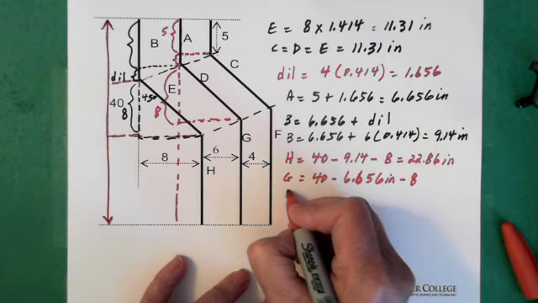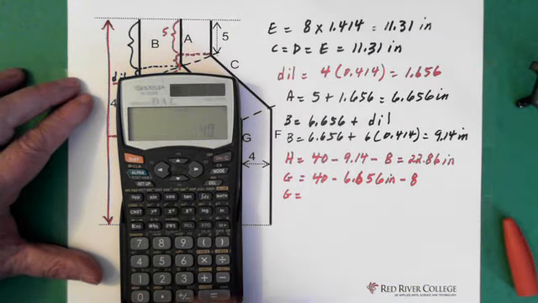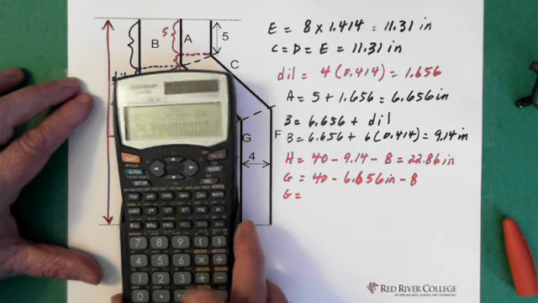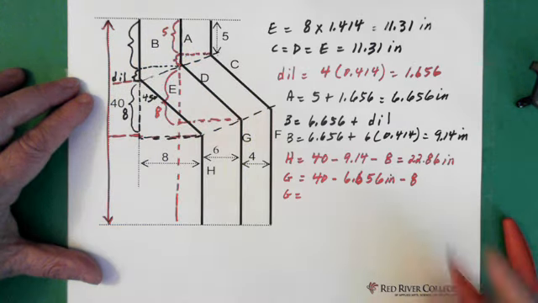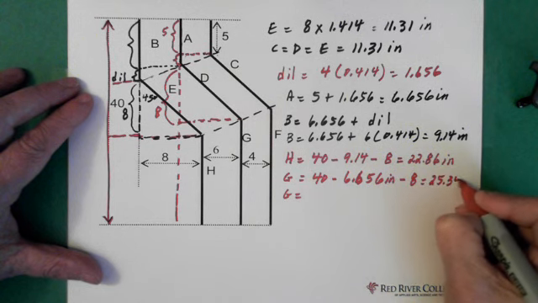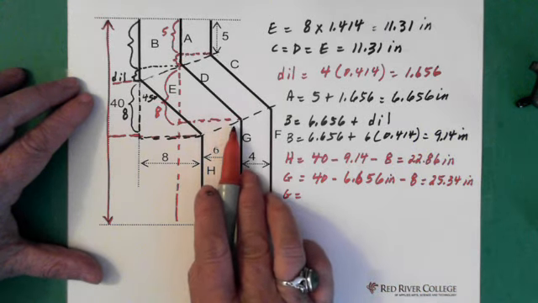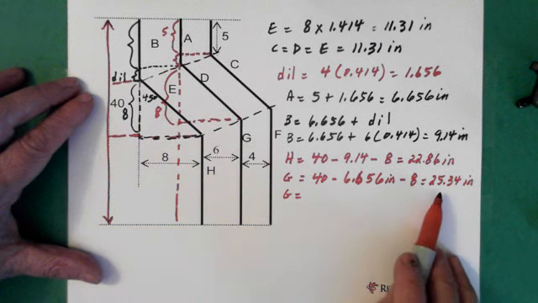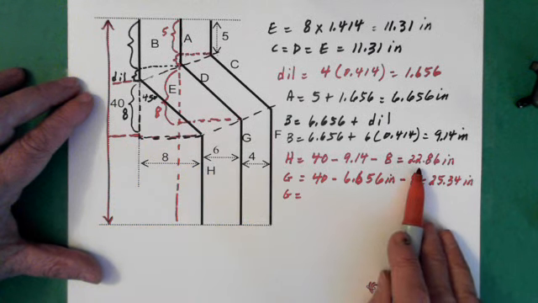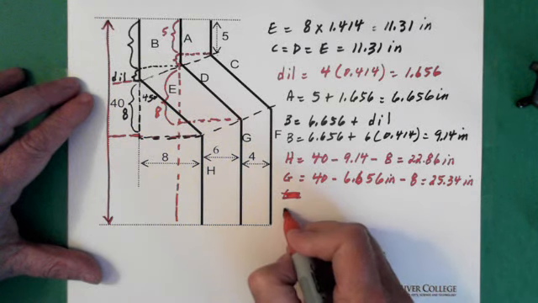Okay, so G equals 40 minus 6.656 minus 8 equals 25.34. So 25.34 inches. Now, the other thing about this, we look at G, we can see G is a little bit longer than H, and our answer is longer, okay? So let's solve for F.